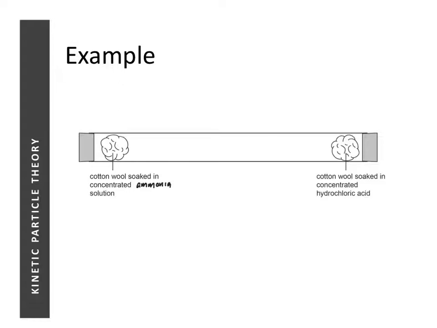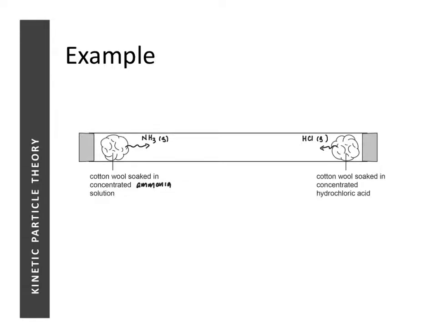What is going to happen is this. From the cotton wool containing the concentrated ammonia solution, some of the ammonia is going to evaporate to form ammonia gas. At the other end, some of the hydrochloric acid is going to evaporate to produce hydrogen chloride gas.